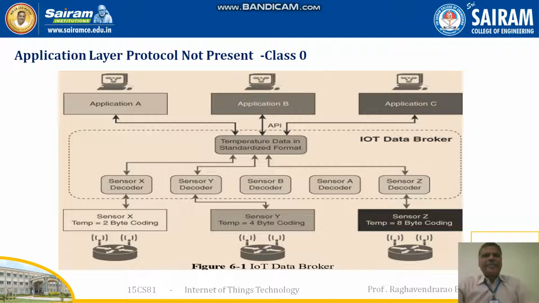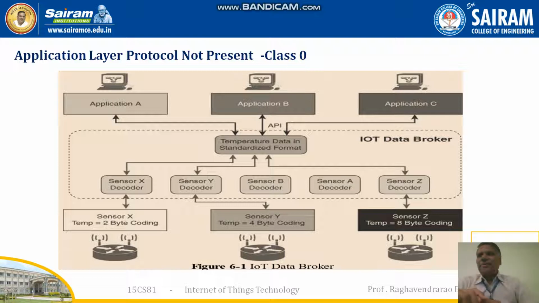Now sensor X temperature is going to have 2 bytes of data, that is 2 byte coding. Sensor Y has temperature with 4 bytes of coding. Sensor Z is there with 8 bytes of coding. As different sensor data are going to be present here.